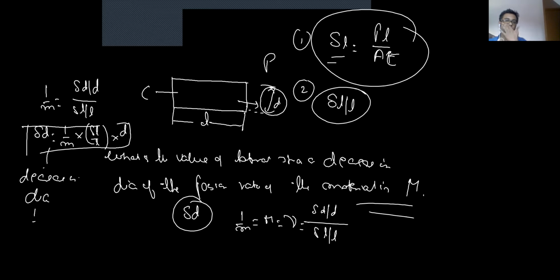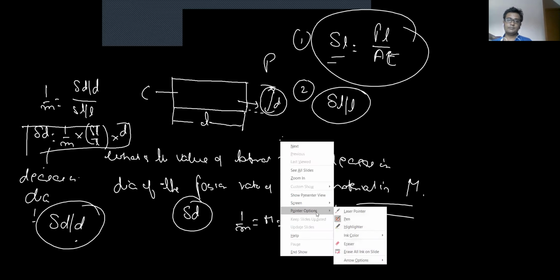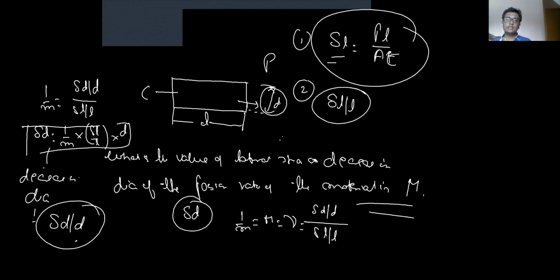And if you are told to find out the value of the lateral strain also, then obviously it can be found by using delta D by D. So this is one of the significances of Poisson's ratio. Now I will move further and we'll see what happens next.